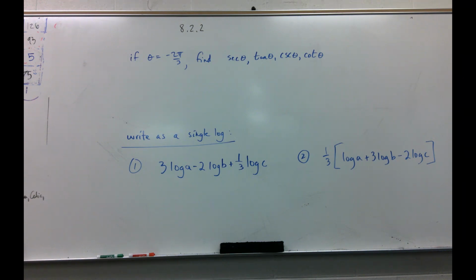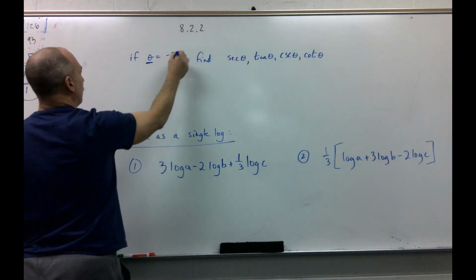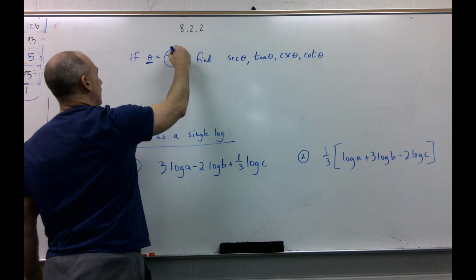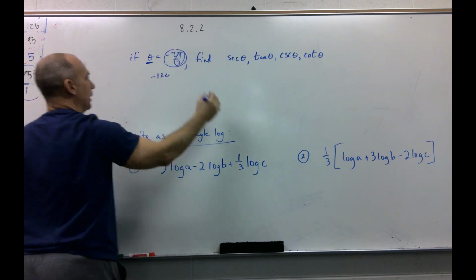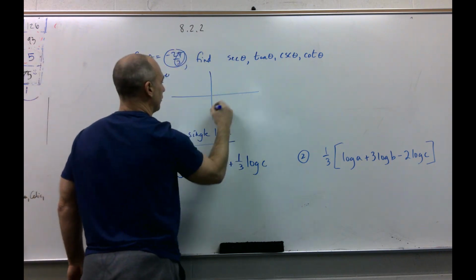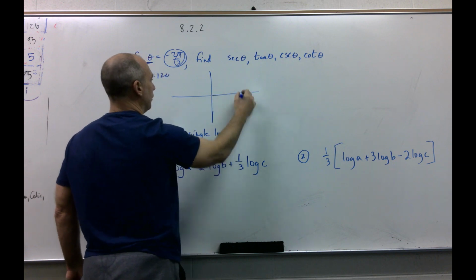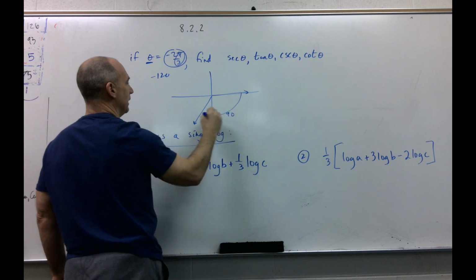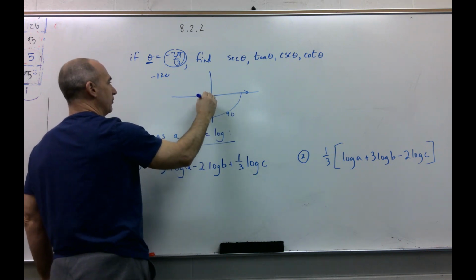All right, back to trig. If you spin your spinner negative 2 pi over 3, which is 60 times negative 2, which is negative 120. So every picture tells a story. There's our spinner, down 90, another 30, stops right there. So if that's 90 and that's 30, that makes our reference angle 60.